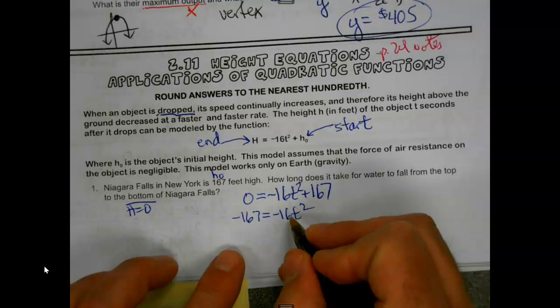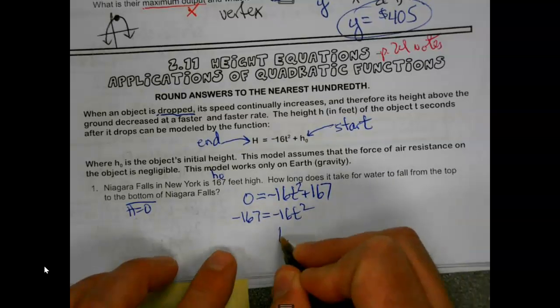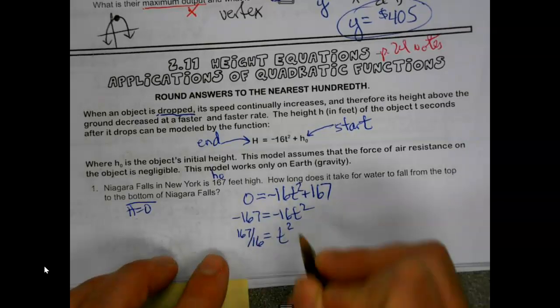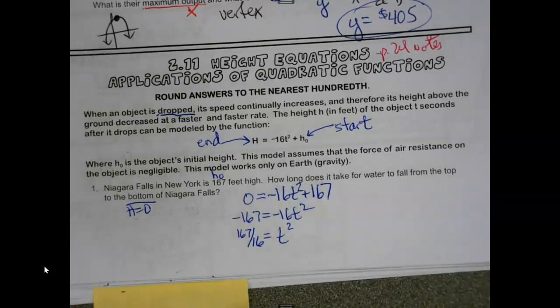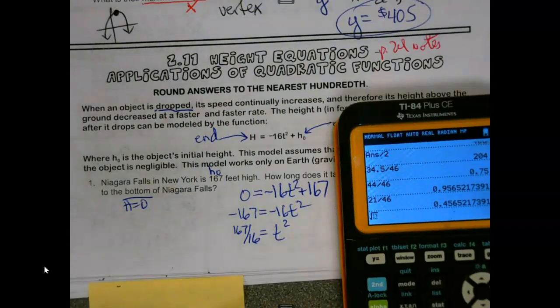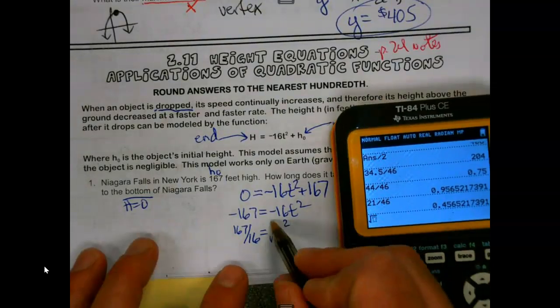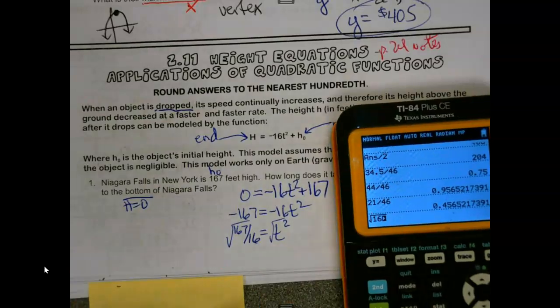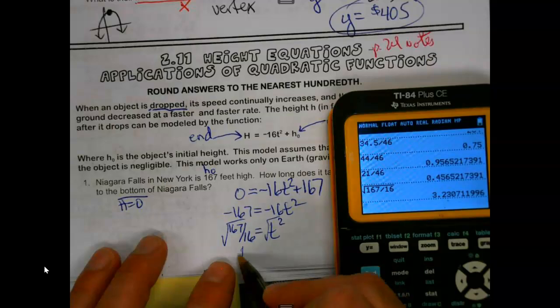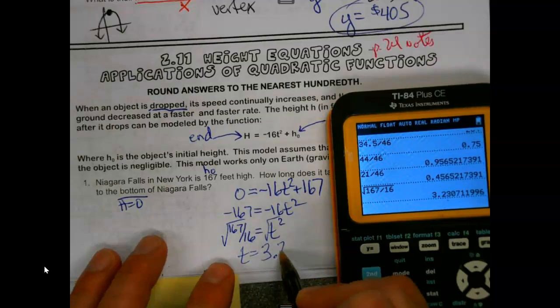Don't do it. I can divide by negative 16. And then I could take the square root, because that would be the next step anyway, of 167 divided by 16, which is 3.23.